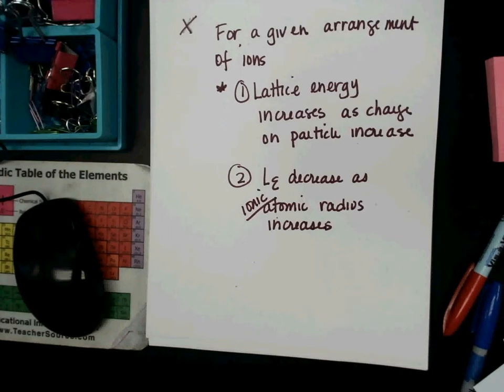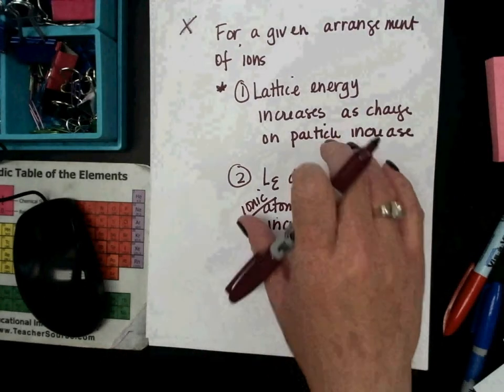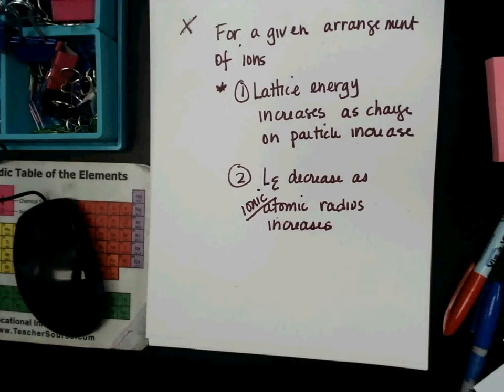We know it increases as we move down, it decreases as we move across, but there's really not that much of a change because we're talking about such a small quantity. What influences this lattice energy much more, and the size of the lattice energy, is actually the charge on the particle.